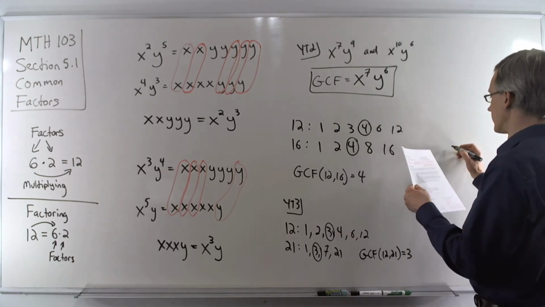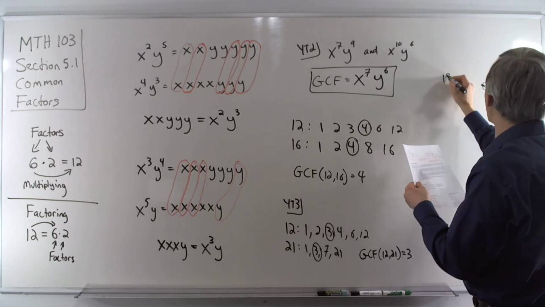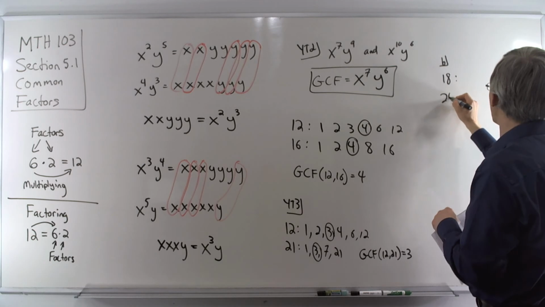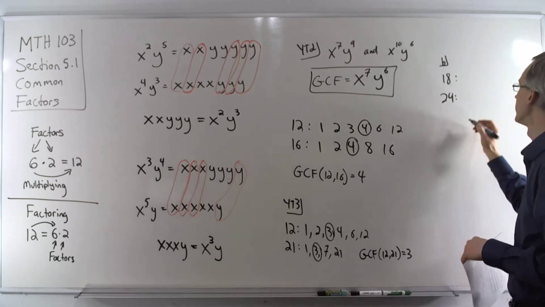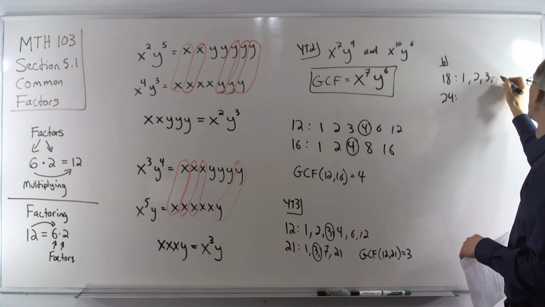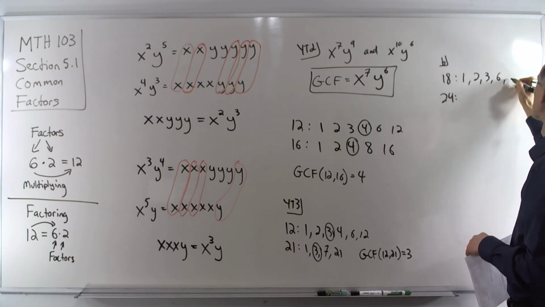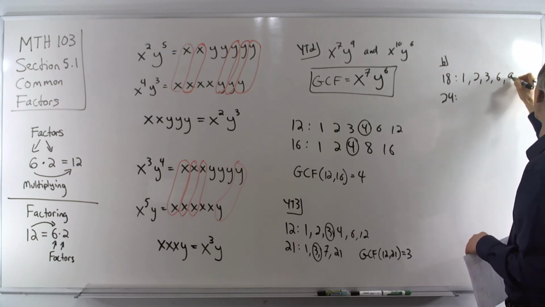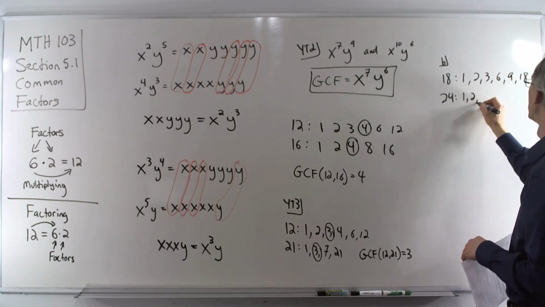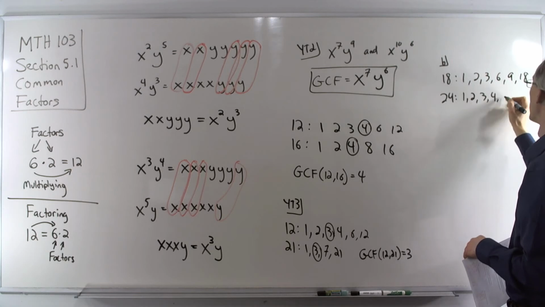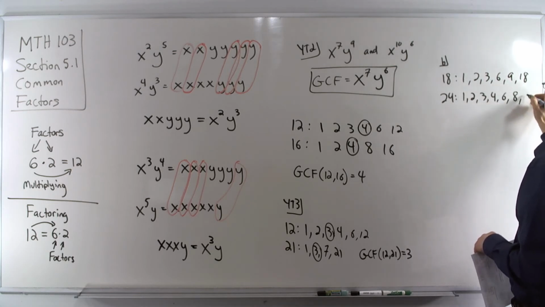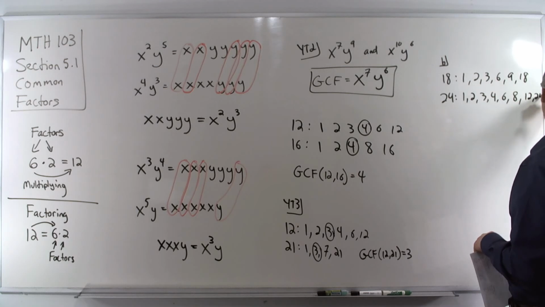Part B. We do 18 and 24. Factors of 18 are 1, 2, 3, 6, 9, and 18. 24, we got 1, 2, 3, 4, 6, 8, 12, and 24.